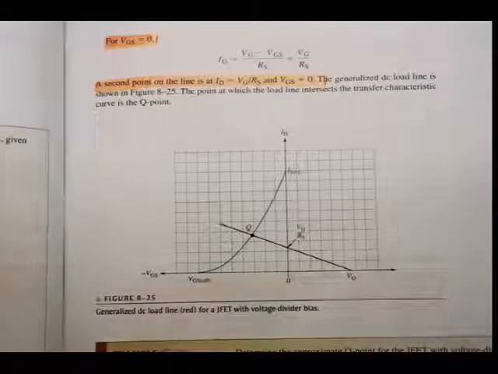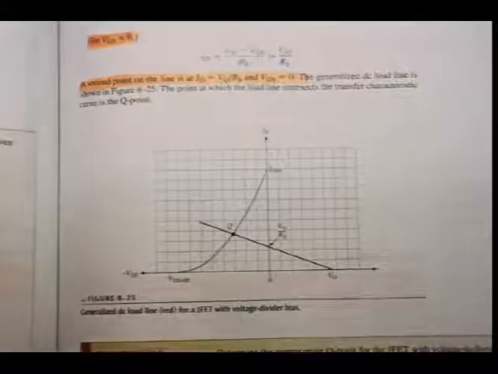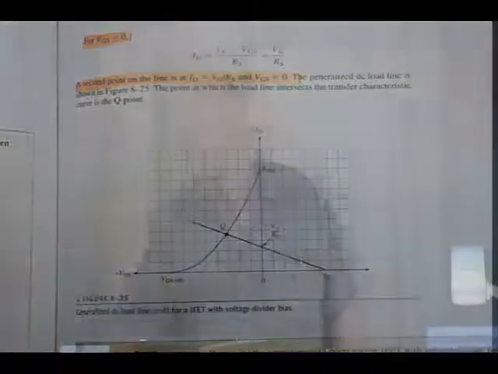Then the second point on the line is at ID equal to VG over RS, where VGS is equal to 0. Then I calculated this point. That's my second point, VG over RS for the voltage divider, right?